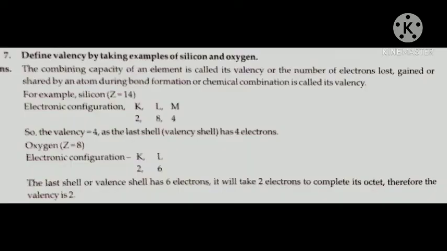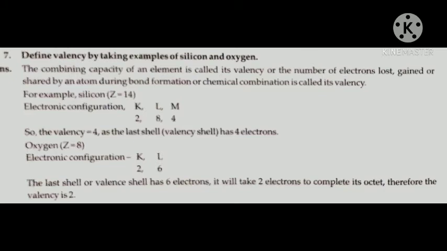Question number 7. Define valency by taking examples of silicon and oxygen. Answer. The combining capacity of an element is called its valency, or the number of electrons lost, gained, or shared by an atom during bond formation or chemical combination is called its valency.